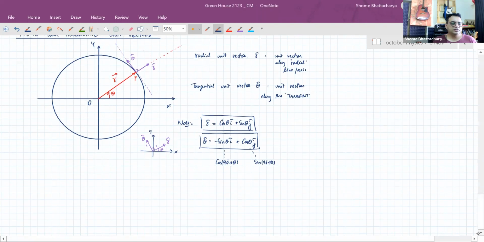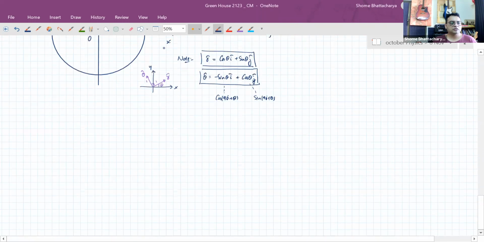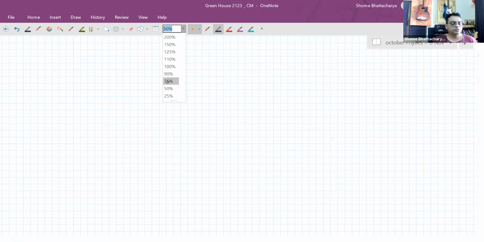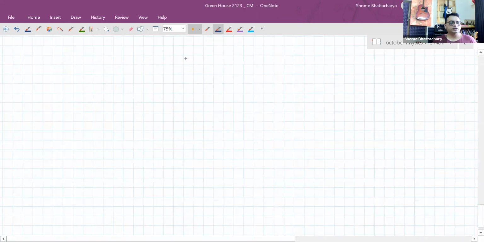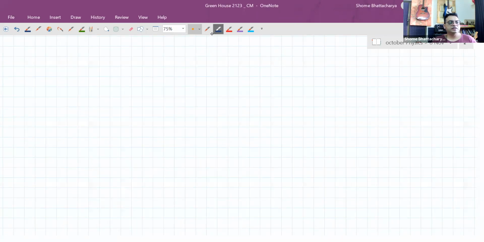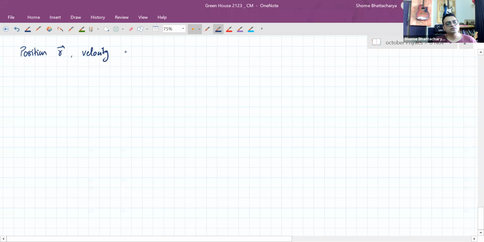Once we have defined the unit vectors like this, the next thing we'll do is the application of these unit vectors, and why they're important. When we are describing things like position, velocity, acceleration, etc., this becomes important. So position vector, velocity vector, instantaneous velocity, that is v, and acceleration vector.